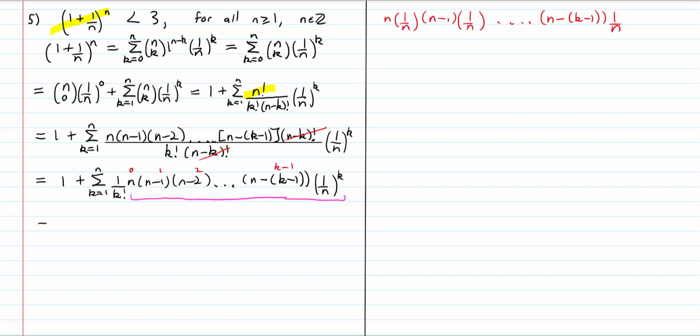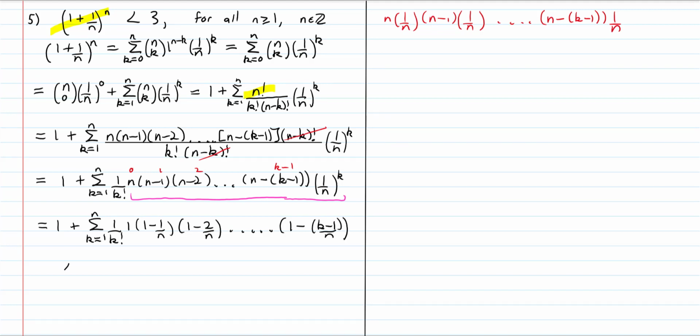So what we're going to have is this is equal to 1 plus our sum from k equals 1 to n. We have our 1 over k factorial, and then we're going to have, well, n times 1 over n is 1, and then (n minus 1) times 1 over n, that's just 1 minus 1 over n, and then our (n minus 2) times 1 over n is 1 minus 2 over n, and we're going to keep going, and then our final term, well, it's going to be 1 minus (k minus 1) over n.